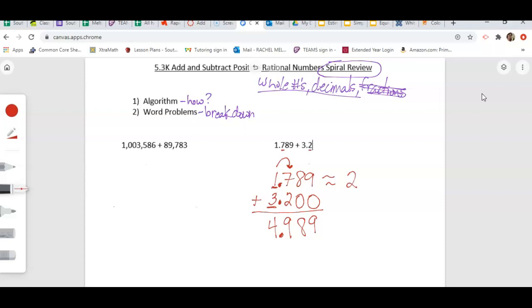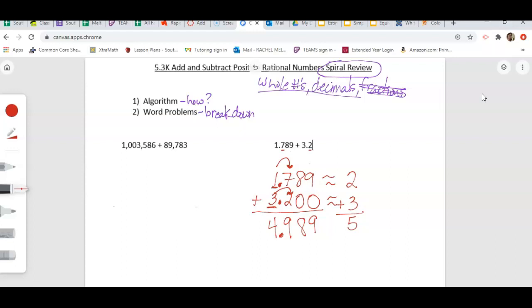If I'm looking here, I have a 3 and I go next door and that digit is less than 5. So this number rounds to 3. Well, 2 plus 3 is 5. So my answer that I got was 4 and 989 thousandths. Is that close to 5?